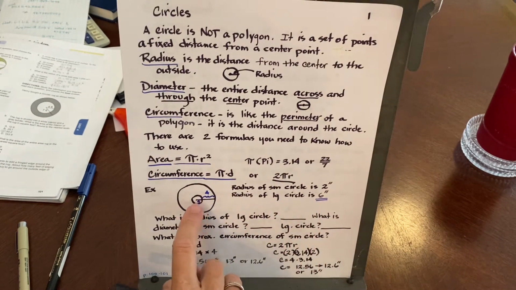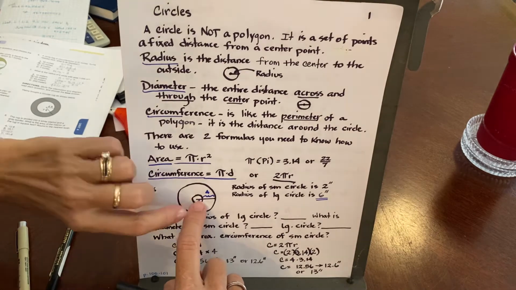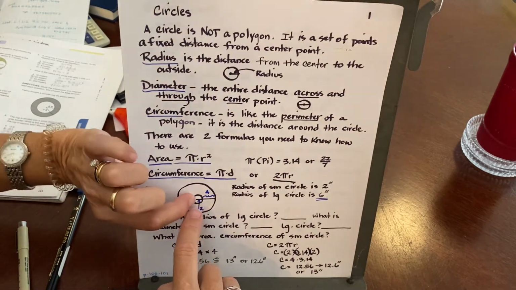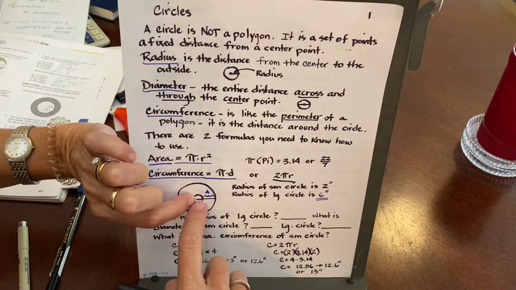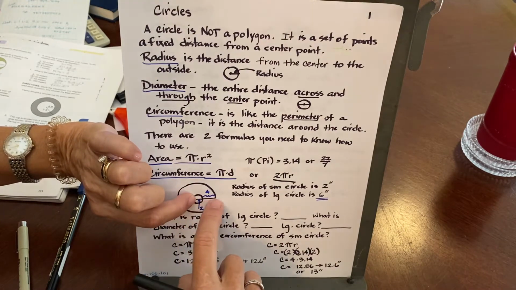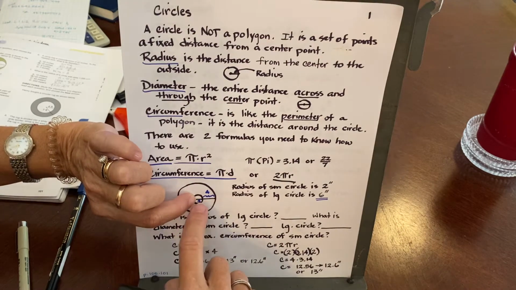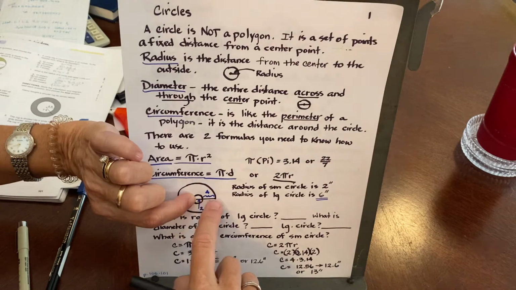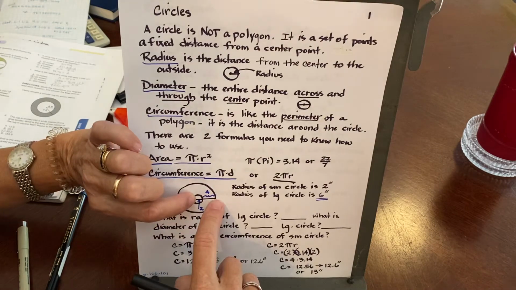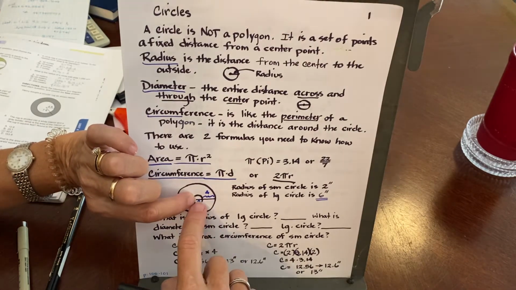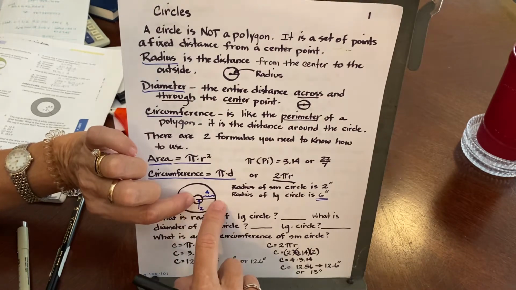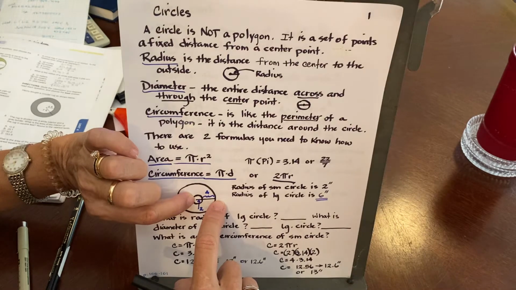What it's showing me is the radius from the center of the small circle, which is also the center of the large. Then I have a distance of 4 from the outside of the small circle to the outside of the large circle. But when I add the 4 plus the 2, the radius of the small circle, it gives me the entire radius of the large circle.